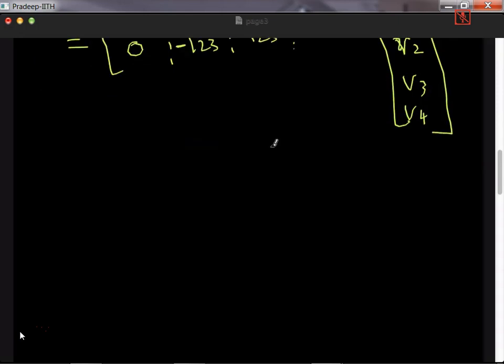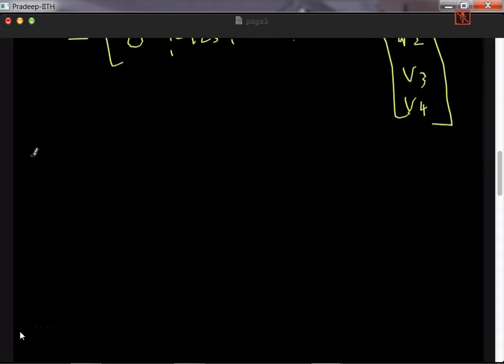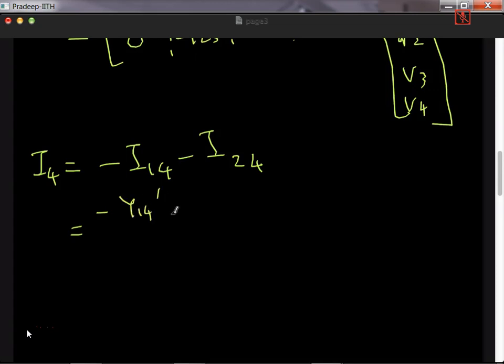And last row, what is I4? Can I ask you to try? So I4 is, what is I4? Minus 2, 4. So can you write it in this form? This is again obvious: minus Y14 into (V1 minus V4) minus Y24 into (V2 minus V4).